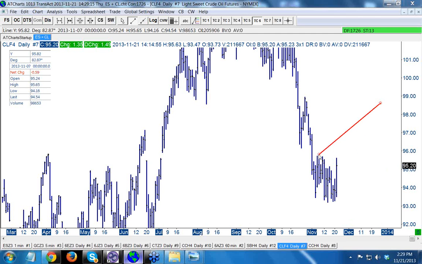Remember, I can't call this shallow or deep unless it's a shallow or deep point C. It can only be a point C if point B gets taken out right here, okay? If this is A, B, C, then price has to go below B to make this into an A, B, C, D measure move. Only then do I have a confirmed point C, and only then can I say it is shallow or deep. In this case, shallow. This one was also shallow. So if this thing had a chance to move above here tomorrow or maybe overnight, then it'll be the "has no business being up here" routine.